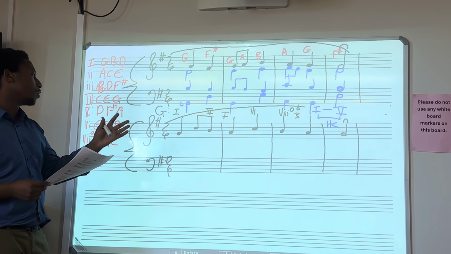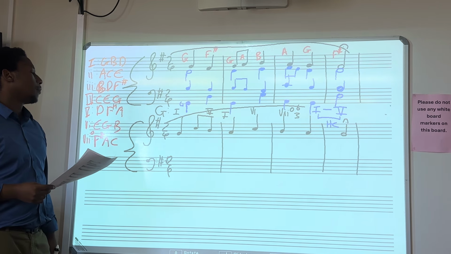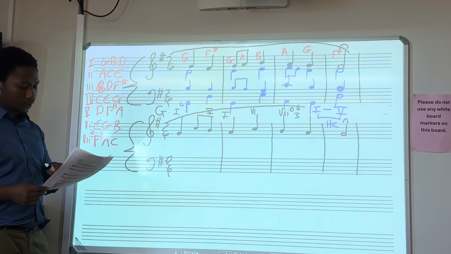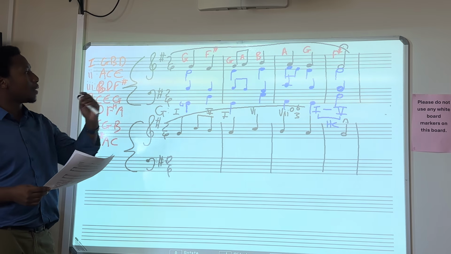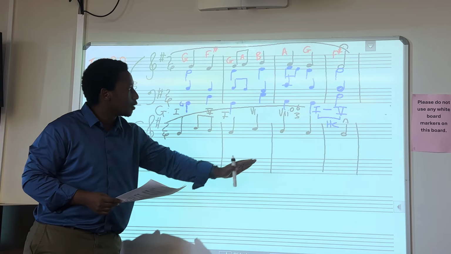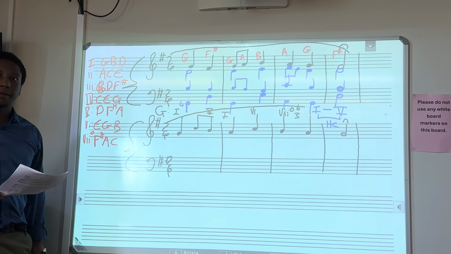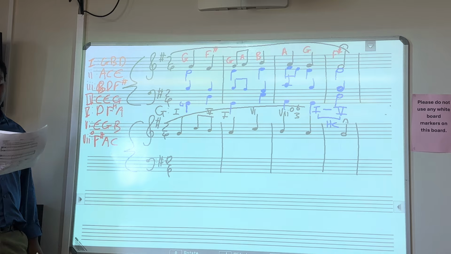Are you using the right chords? It's very difficult to judge musicality, but I'm not going to be too strict on that. But does the voice leading make sense? If you do all of this and it makes sense, and you follow these steps, you should definitely get high marks, no doubt.